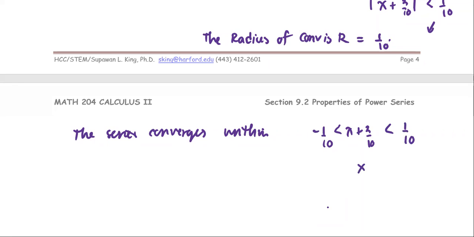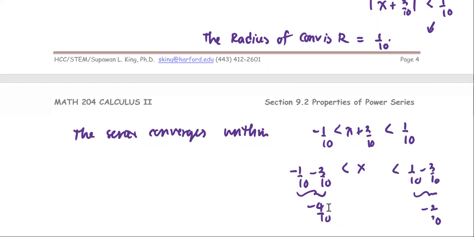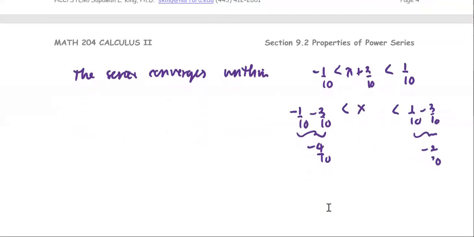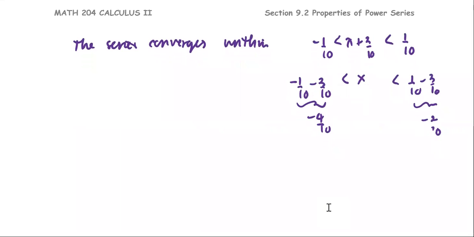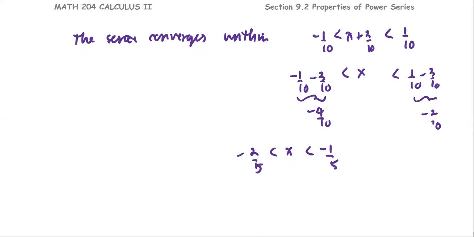Then rearrange it so x is greater than negative 1 over 10 minus 3 over 10, which is negative 4 over 10. And on the right hand side would be 1 over 10 minus 3 over 10, or negative 2 over 10. I'll simplify it to be x is between negative 2 over 5 and negative 1 over 5.